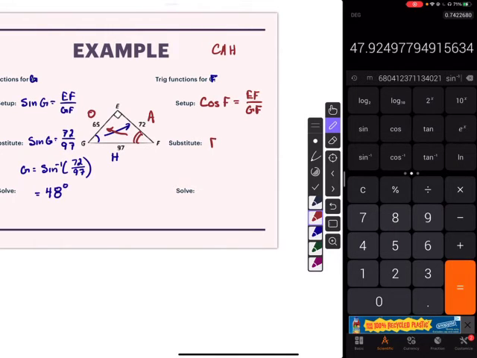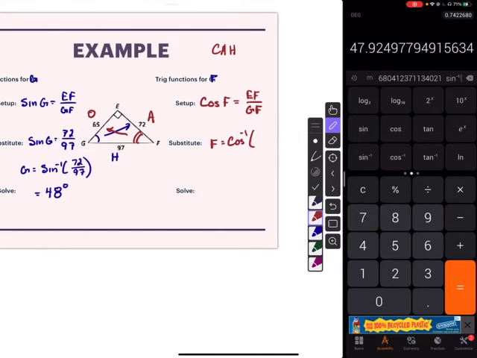So F equals the inverse cosine of EF, which is 72 over, oh, I'm doing sine. No, I'm doing cosine. Sorry.